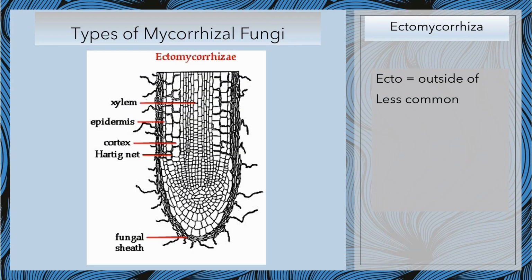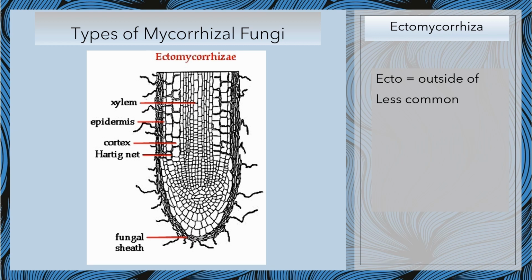There are two different types of mycorrhizae: ectomycorrhizae and endomycorrhizae, and this distinction is based on the location of the fungal hyphae, or the root system of the fungus, in relationship to the root tissue of the plant. So ectomycorrhizae is the less common of the two.